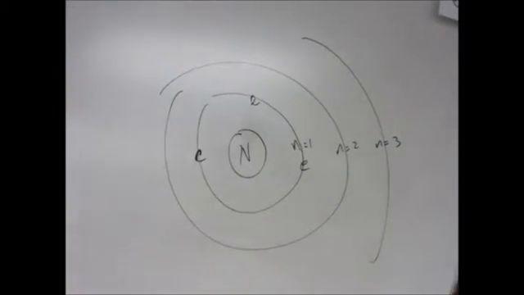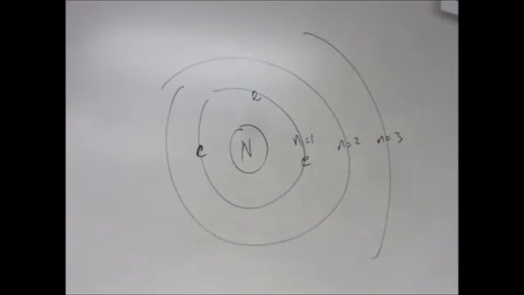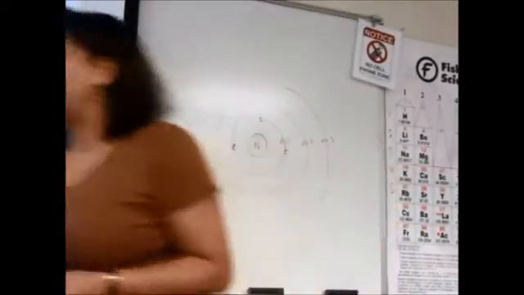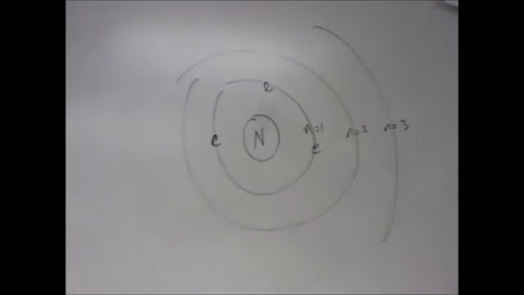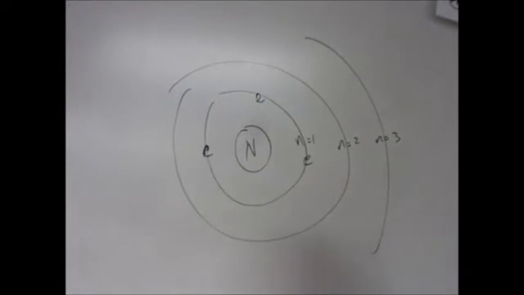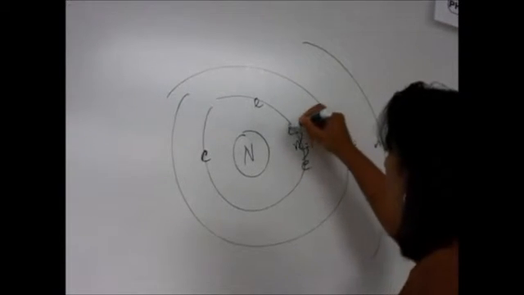So an electron is in motion, and this was established by Louis de Broglie, and he established the whole wavelength thing here. What that means is that the electron is in motion, but not just in motion. It is actually going around in a waveform.